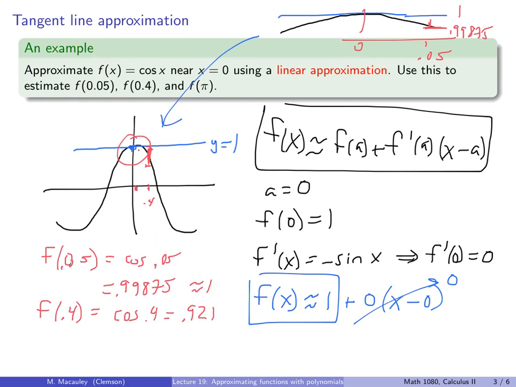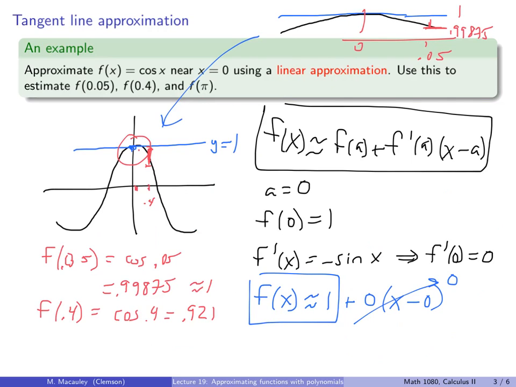So 0.4 is close to 0. It's not as close as 0.05. I guess I've exaggerated a little bit on this scale. 0.4 should be closer, but I can't draw it with any more precision. So again, this is a pretty good approximation because 0.4 is close to 0.